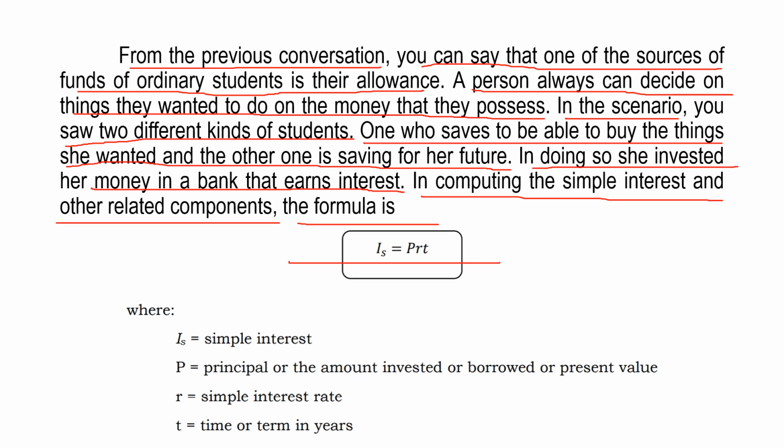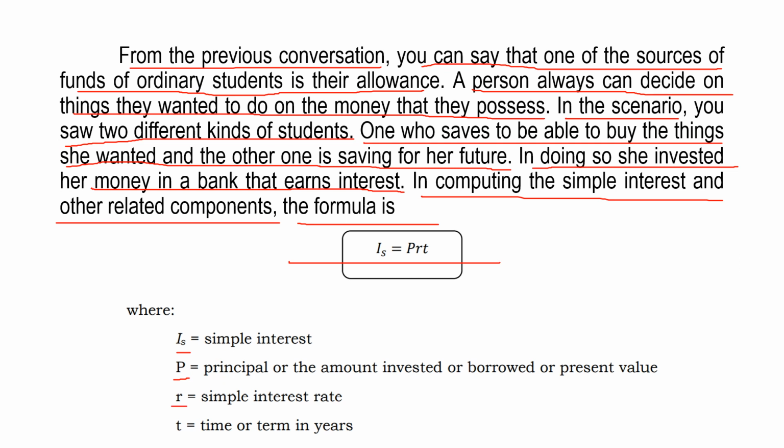Your I sub S is your simple interest. Your P is the principal, or the amount invested or borrowed, or present value, that a borrower borrows from the lender. So that will be the principal.